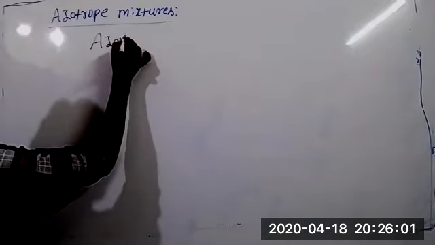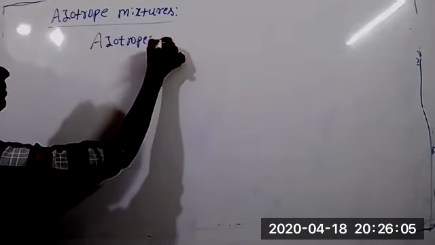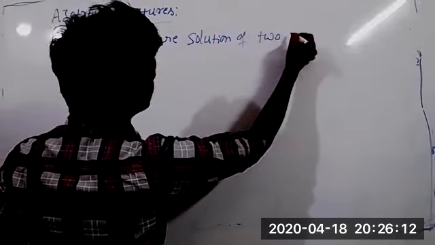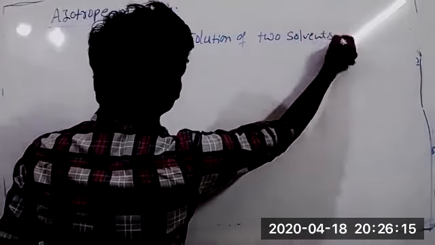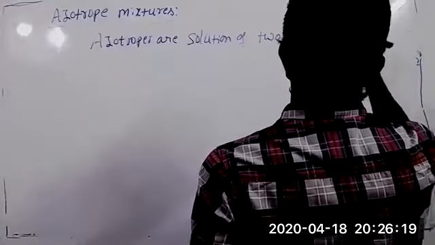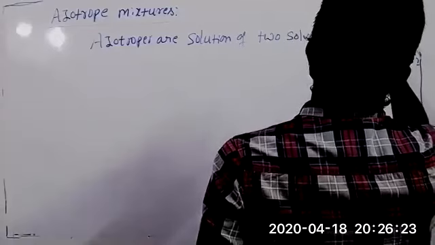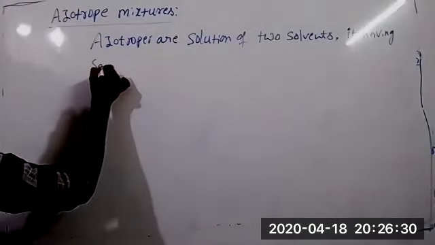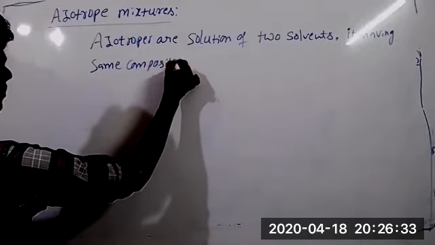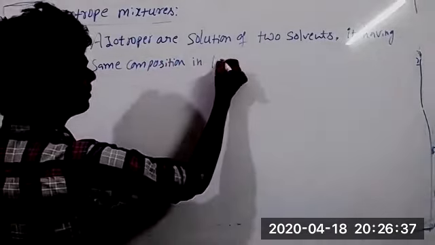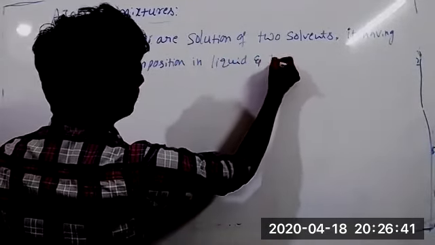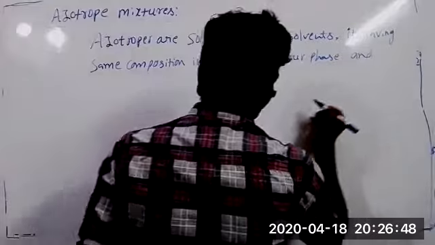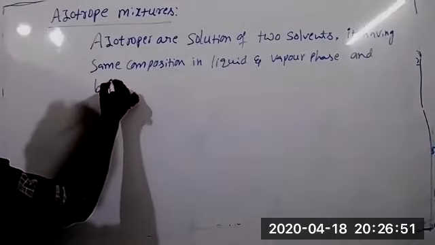Azeotropes are solutions of two solvents having the same composition in liquid and vapor phase, and boiling at constant temperature.